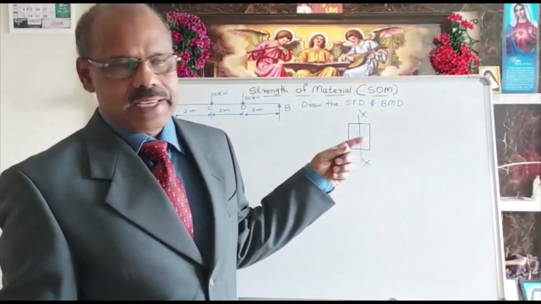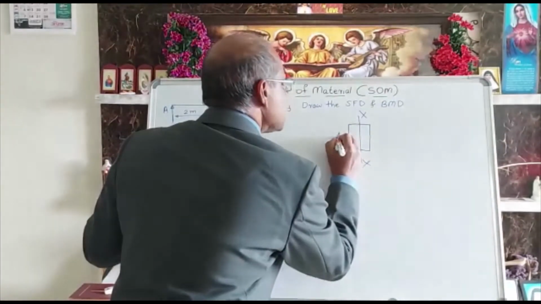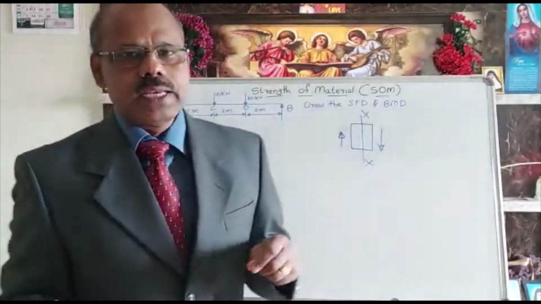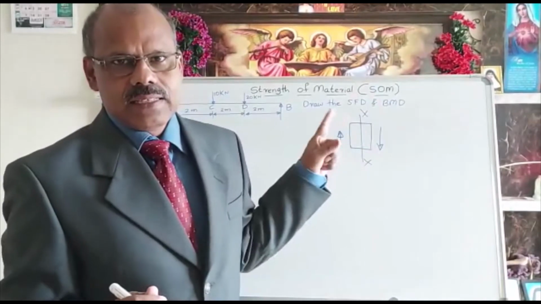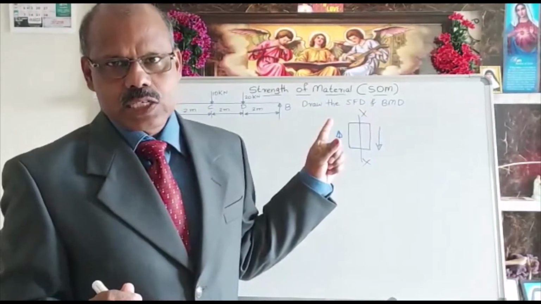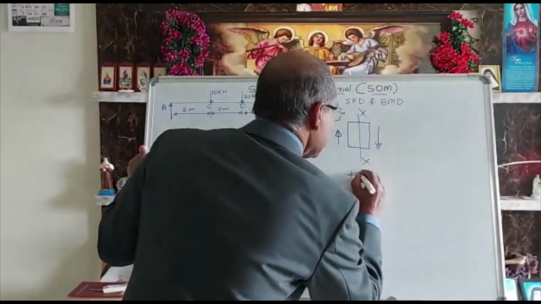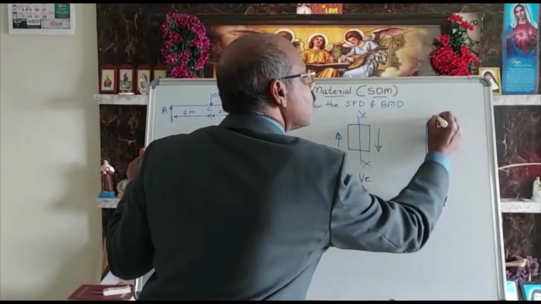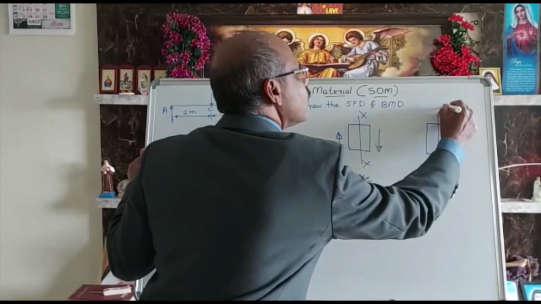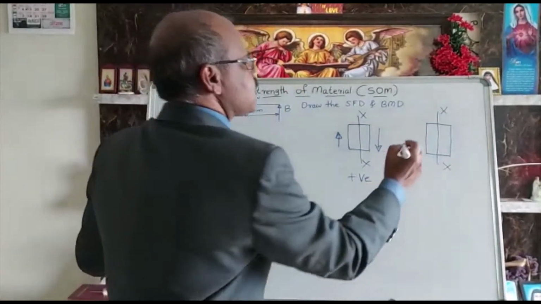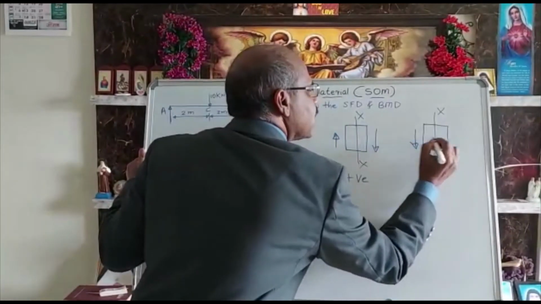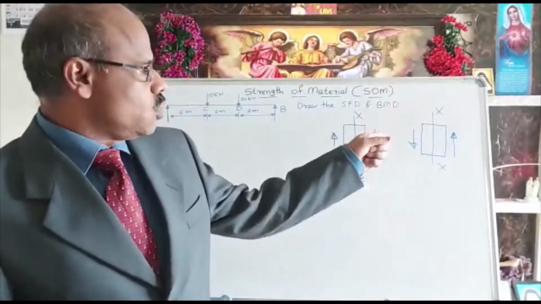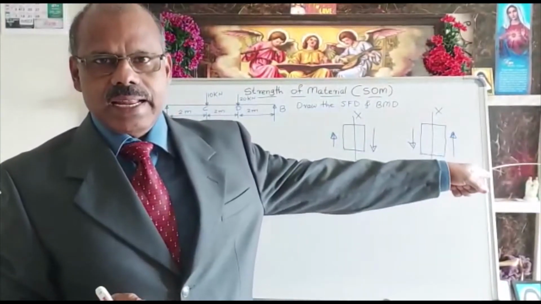If section XX is taken, the force moving up at the left side and the force moving down at the right side, in this case we are taking as positive. And if we are considering this section, the force at the left is coming down and the force at the right is going up.